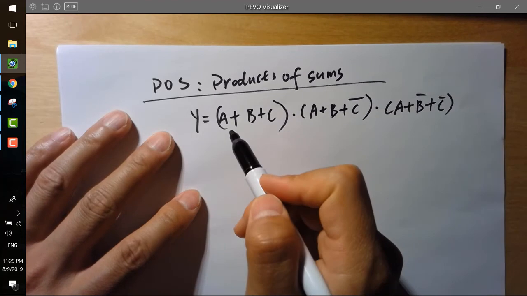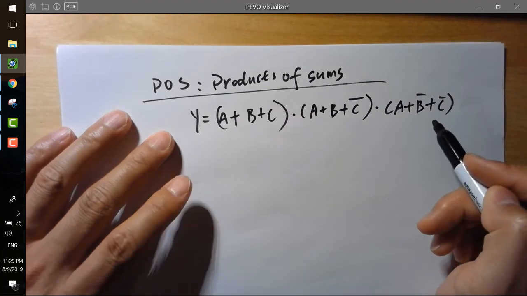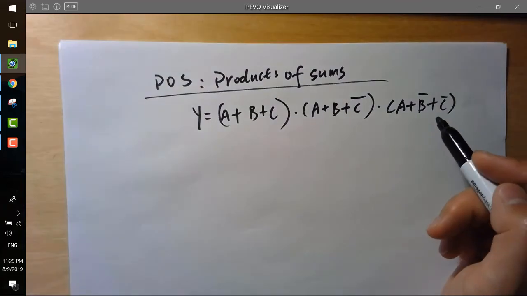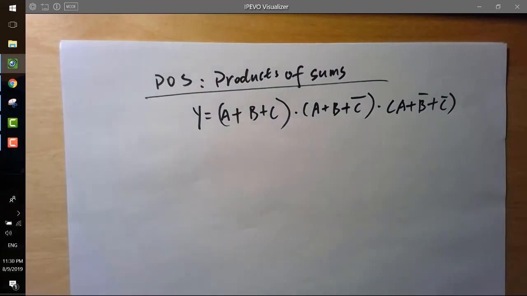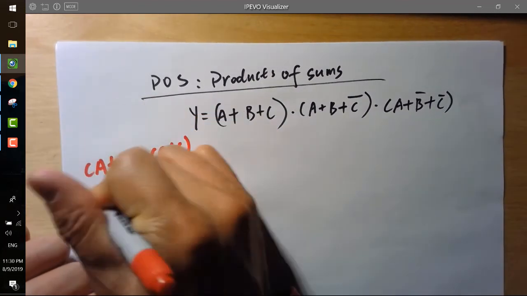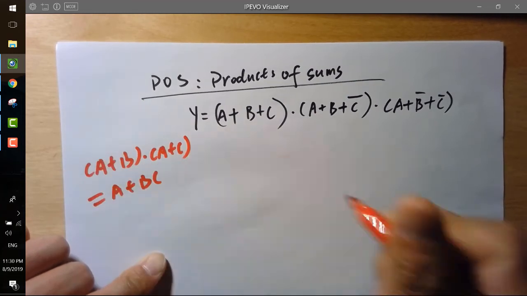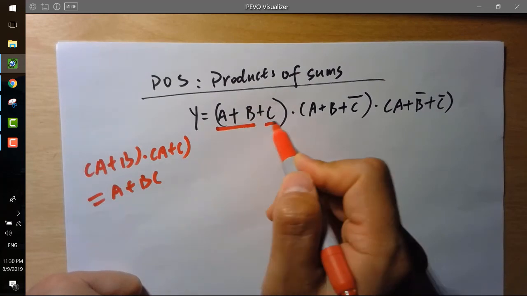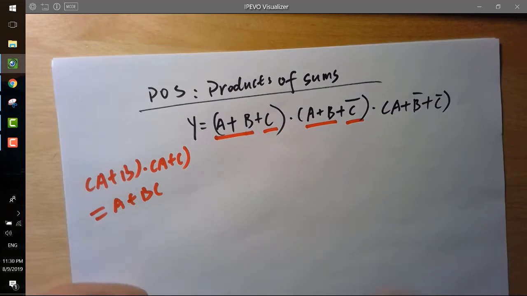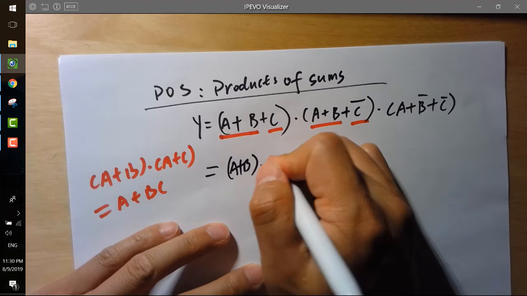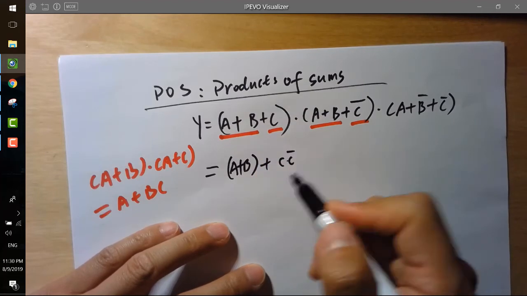So the next job here is to simplify this. How do you do that? I think we can use the same conclusion we just used. Remember? I'm going to repeat it here: A or B and A or C equals A or BC. So A or B, A or C, you know what the next step is, right? It's going to be A or BC.